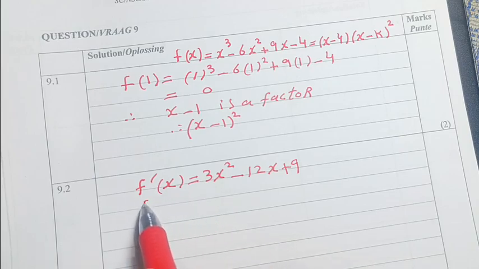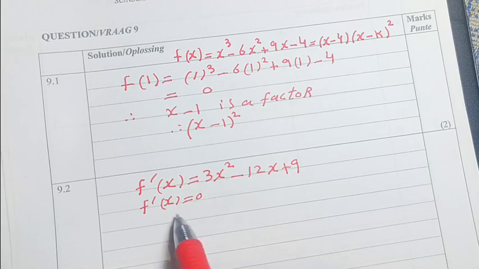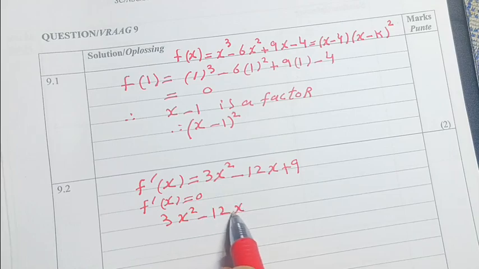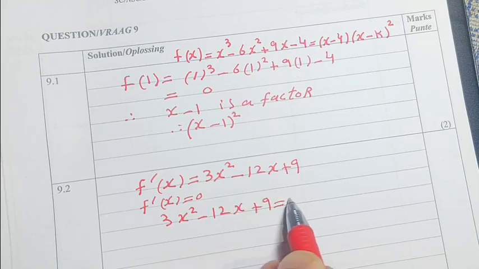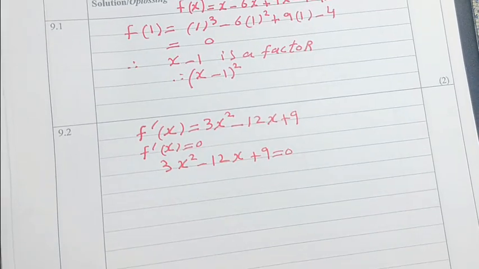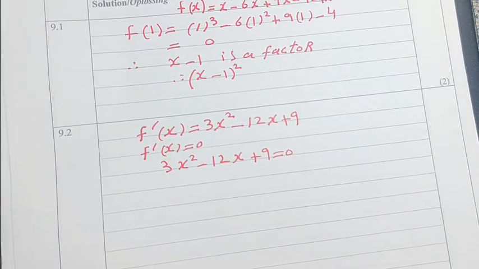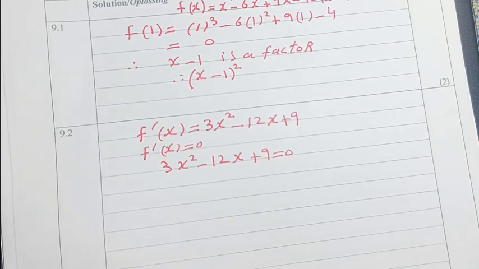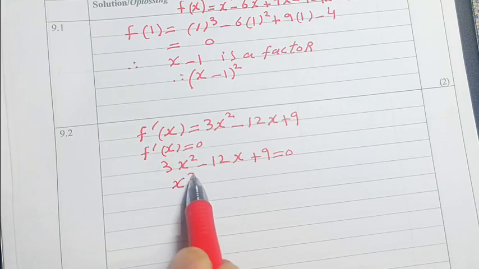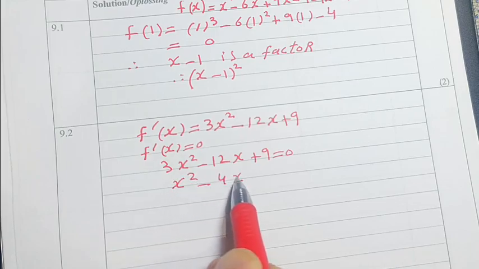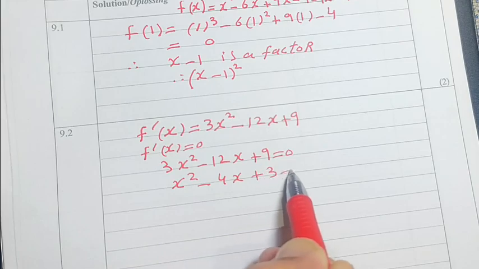Now the first derivative must be equal to 0 to find the turning point. So 3x squared minus 12x plus 9 is equal to 0. We set the first derivative equal to 0 to find the x coordinates of the turning points. Now we divide by 3, so it's going to be x squared minus 4x plus 3 is equal to 0.